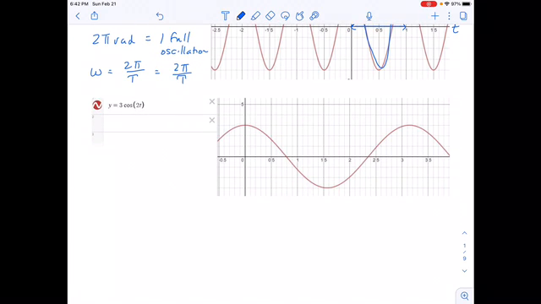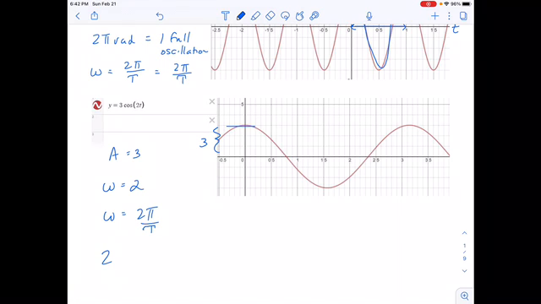So here's another example, just to practice a little bit. Here we've got an amplitude of 3, and you can see the amplitude of 3. Here we've got an angular speed of 2, and the angular speed also equals 2 pi over the period.